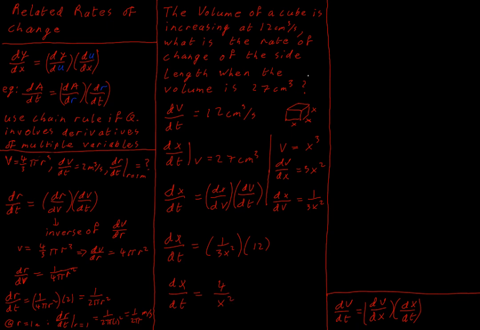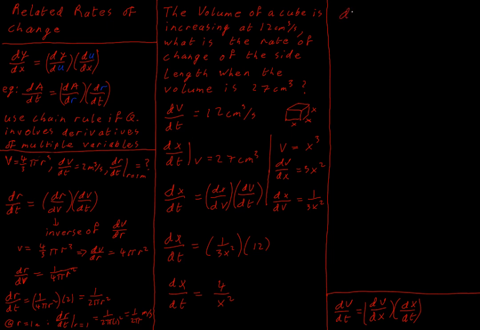Now, I want to know what dx/dt is when v is 27 centimeters cubed. But I have a little bit of an issue in that the formula I have gotten here involves x. But I still know a relationship between v and x.